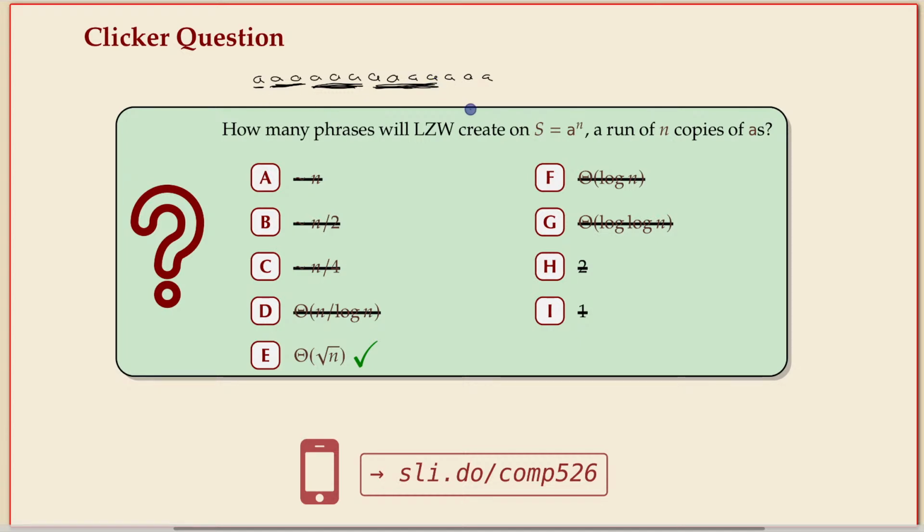Okay, so we always make the phrases one longer. What does that mean for the number of phrases? If we sum up the total length that we cover with phrases, we want this to cover at least the length n of the string. So if you put some specific number k, that we don't know yet, and that inequality is fulfilled, then we have enough phrases to cover the entire text. And so this sum is, in asymptotic notation, k squared over 2.